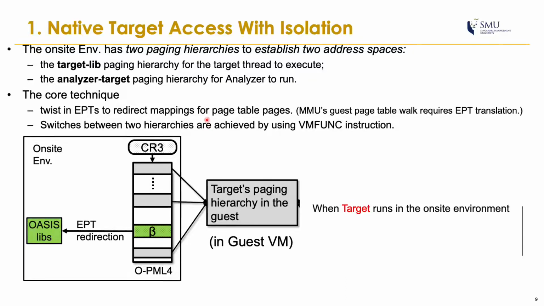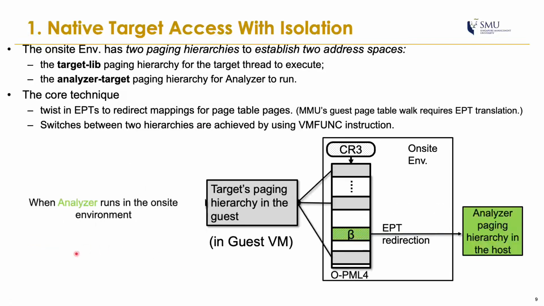To be more specific, when the target runs, its on-site root PML4 page table entries are set in the EPT to point to the target's original paging hierarchies used in the guest VM. In this way, a target address space is established on-site.